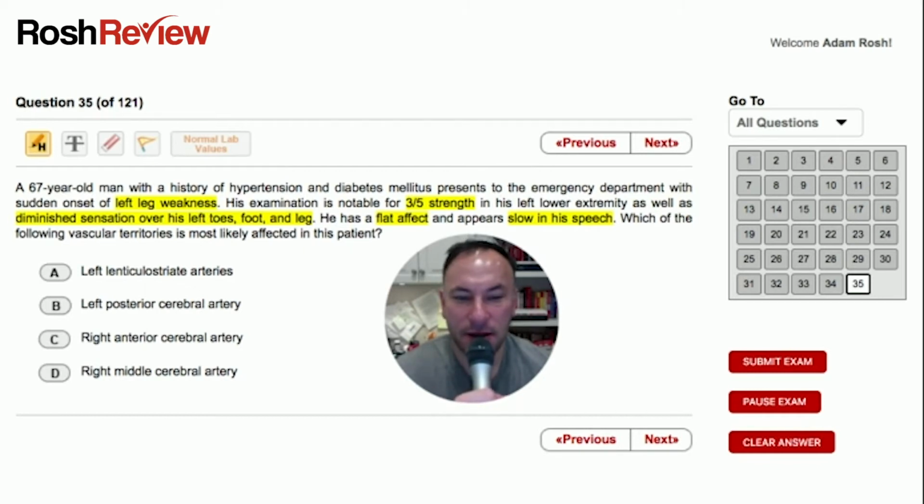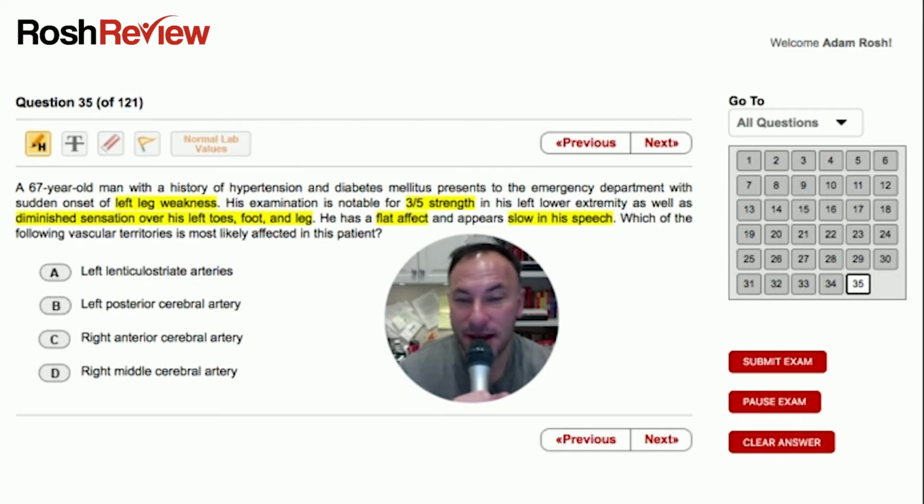Now, in ischemic stroke, we know that the most common artery involved is the middle cerebral artery, and we see that as one of our answer choices. And typically, the anterior cerebral artery is less involved in clinical practice because of collateral blood flow from communicating arteries, the anterior communicating artery.